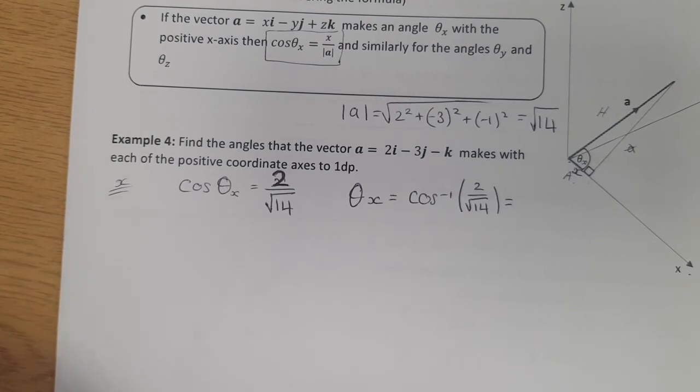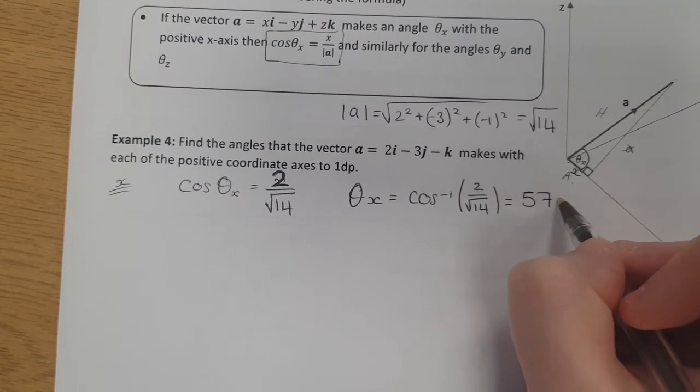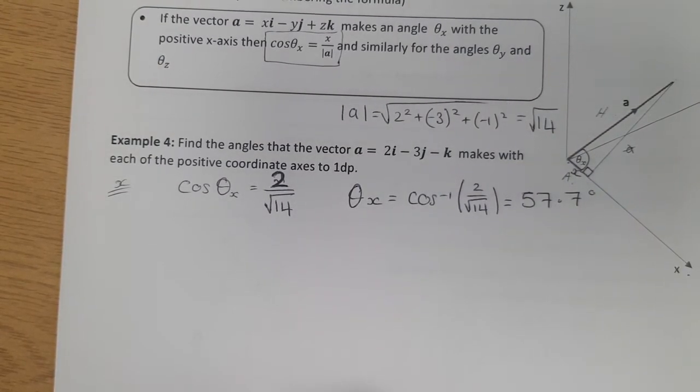And it helps if I'm actually in degrees. Okay, angle to 1 decimal place is 57.7 degrees.